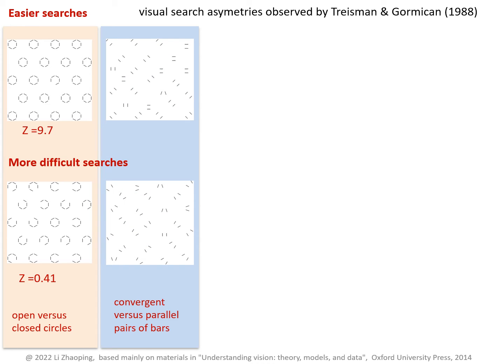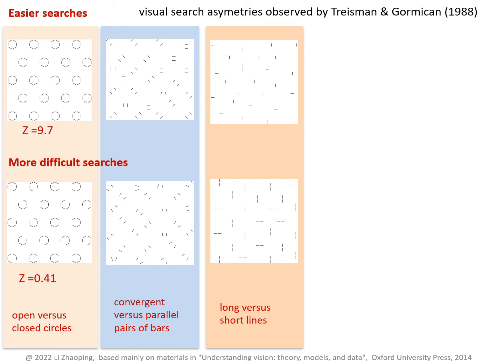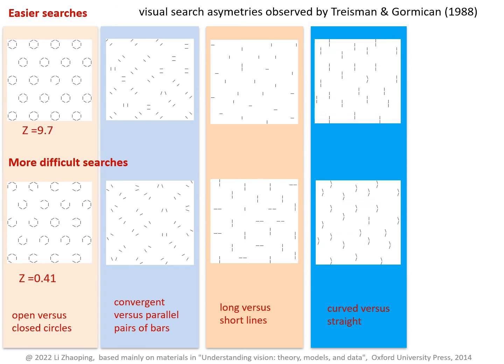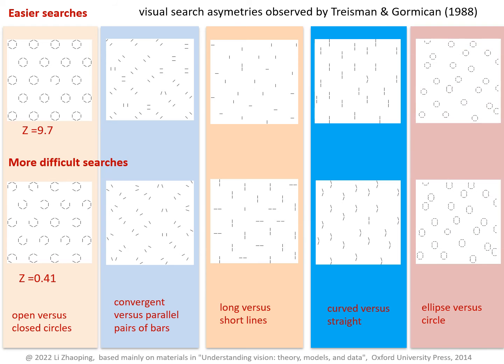In this example, it's easier to search for a pair of convergent lines among pairs of parallel lines than the other way around. Here, it's easier to find a longer line among shorter lines than the reverse. And here, it's easier to find a curved line among straight lines than the reverse. And here, it's easier to find an ellipse among circles than a circle among ellipses.